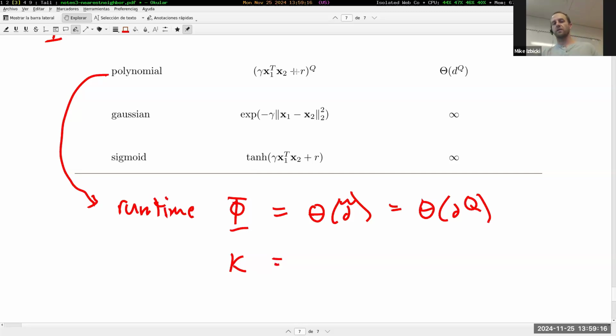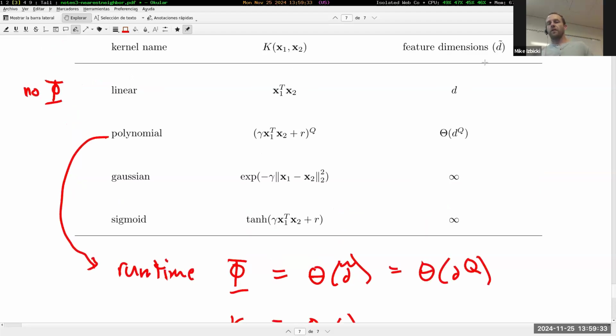That gives us a scalar, scalar plus a scalar is constant time, raise a scalar to a power, also constant time. So the runtime for k here, the kernel, is just theta of d. Much, much faster than the d to the q right here. The feature dimension d tilde over here is again the same as the feature dimension for the polynomial kernel.